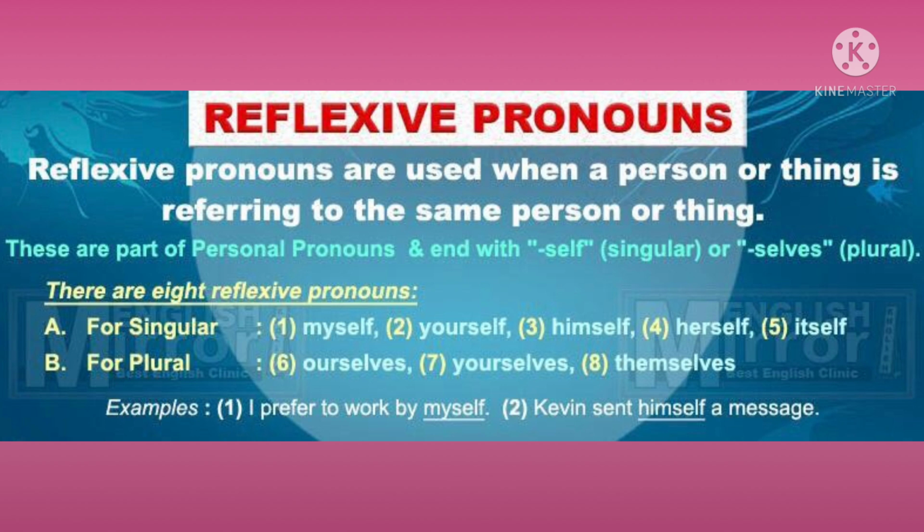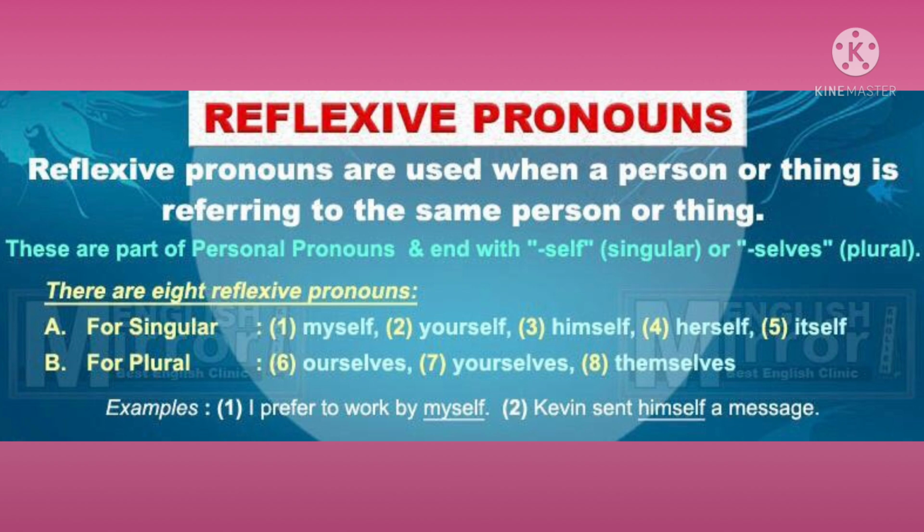These are part of personal pronouns, with self for singular or selves for plural. There are 8 reflexive pronouns. For singular and plural, see, it is very important what you have to use. For singular, myself, first person, and ourselves for plural.